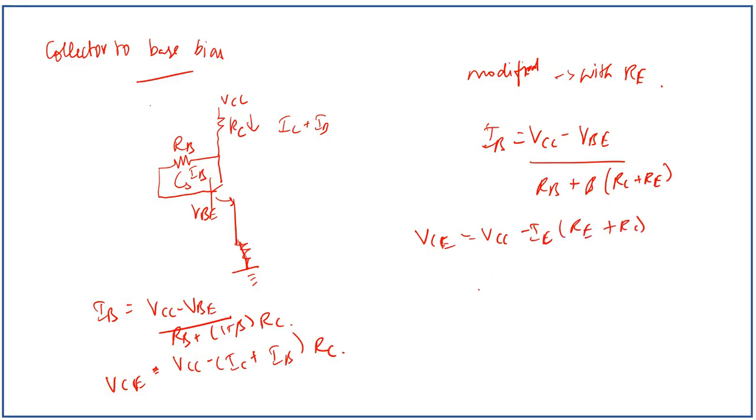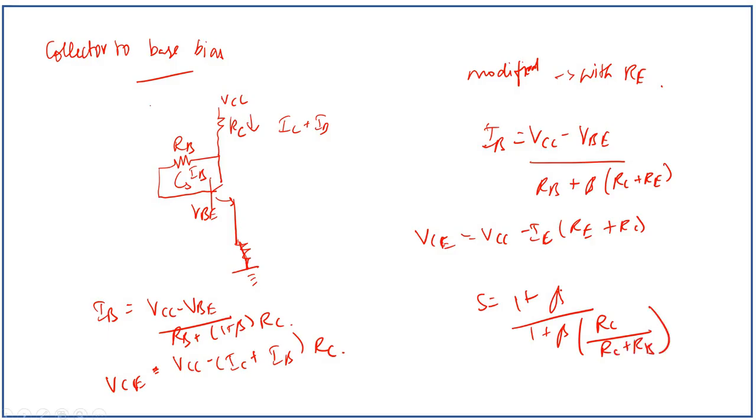The stability factor for the collector to base bias S is equal to 1 plus beta by 1 plus beta into RC by RC plus RB.